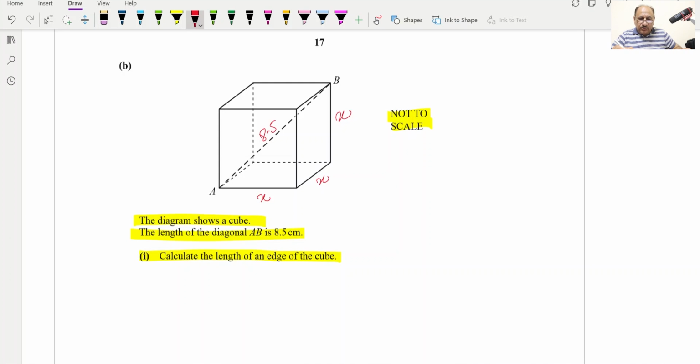Now what we can do: how can we calculate the edge side? First of all, we can join these base points.